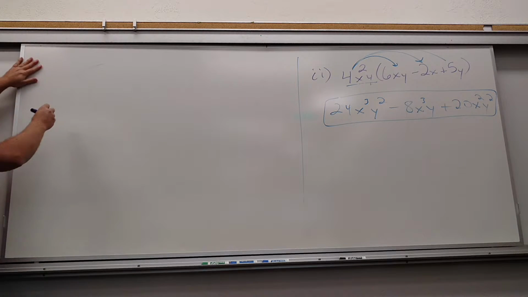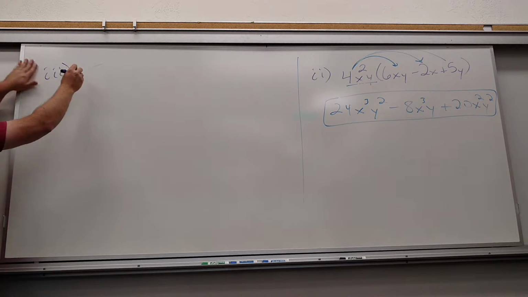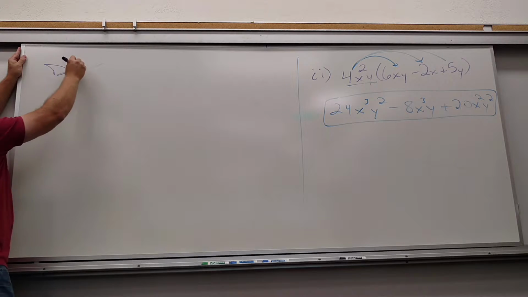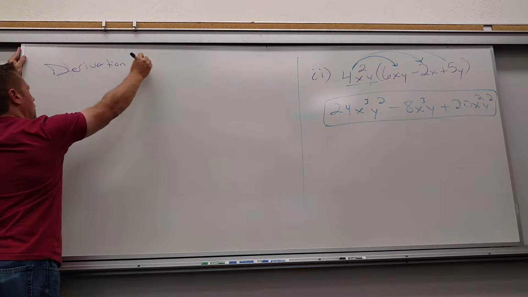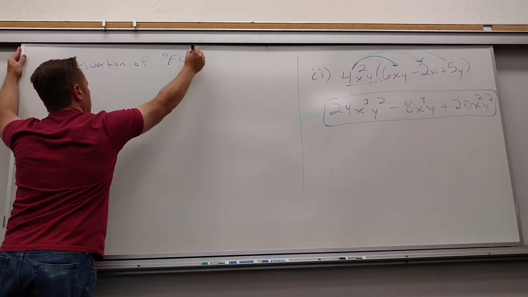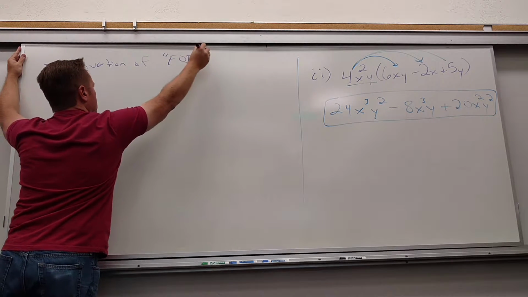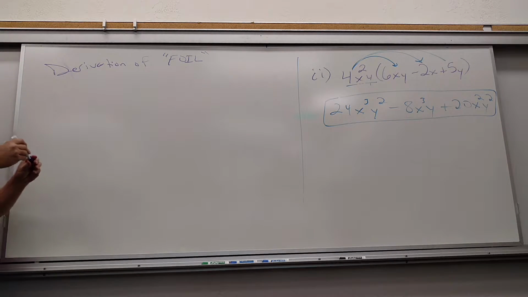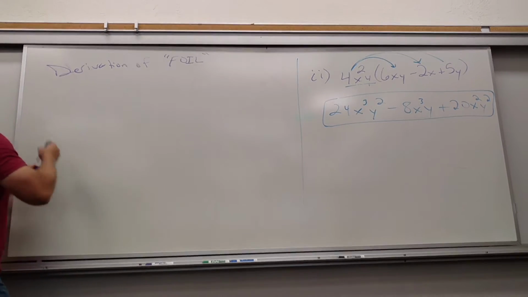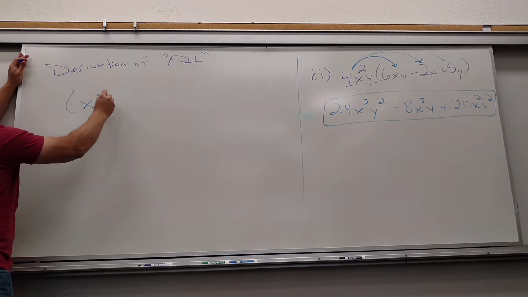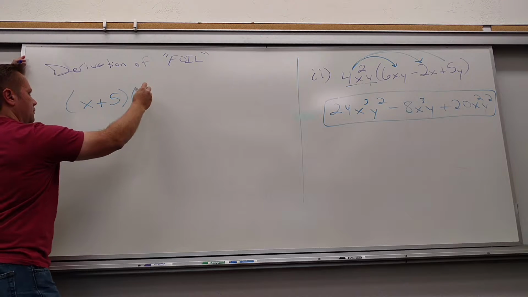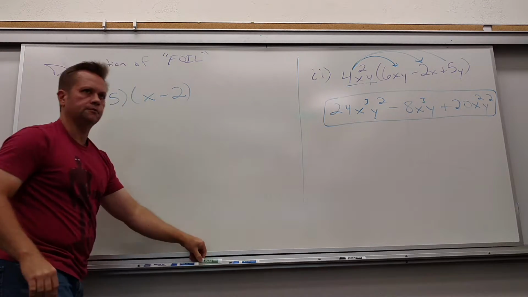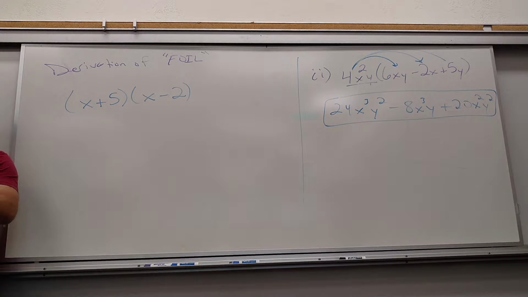Not aluminum foil. Right? Well, let me do this. Derivation of the FOIL method. There you go. So if I have this problem, alright, so I know probably quite a few of you know how to do this.